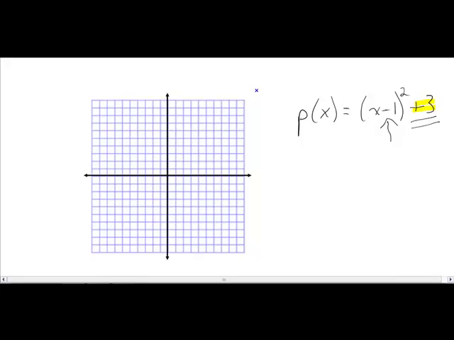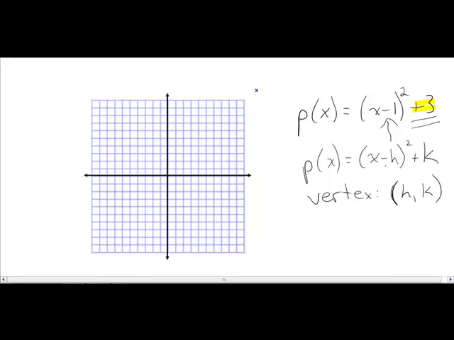If you've got, and I'll use P since I have P right here, if I have (x minus h) squared plus k, then my vertex of that graph is located at (h, k). There's the rule. Now I know that has a lot of letters in it and might look kind of confusing, but here's what we're saying.